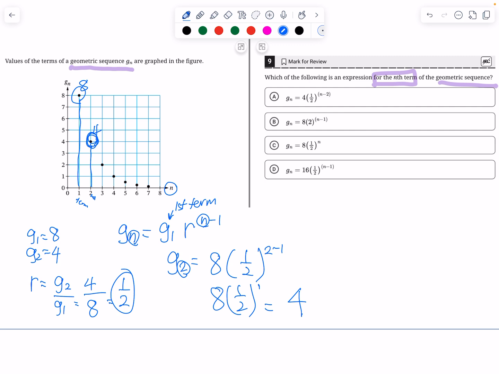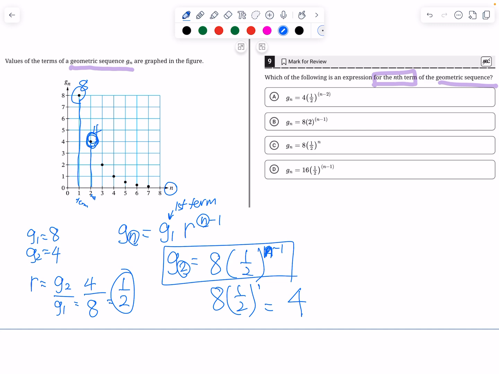And so I would say that this would be my formula, right? But it's not in the choices. So I have to figure out what can match with my situation here.